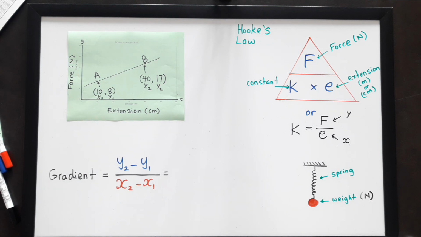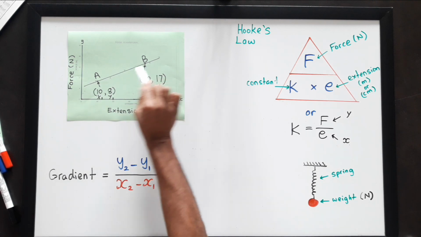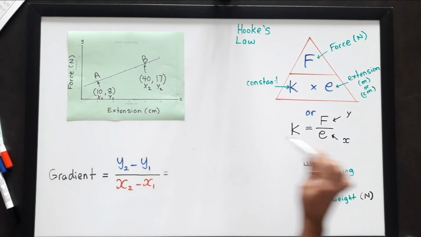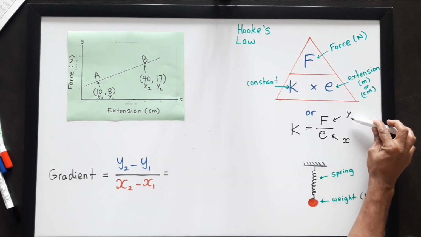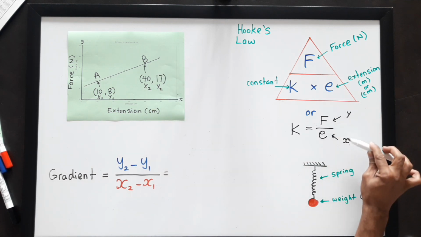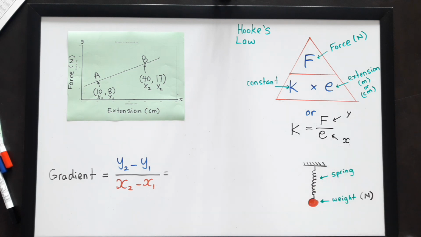So that means if I were to find the gradient of this graph, I am taking the y values, better known as the F values, and dividing it by the x values, better known as the extension values. So by finding the gradient of this graph, I am effectively finding the spring's constant. So let's finish off this question, and I'll use the correct units also.